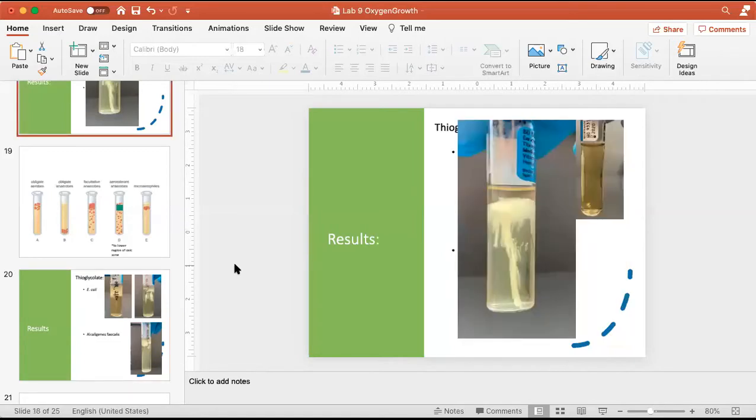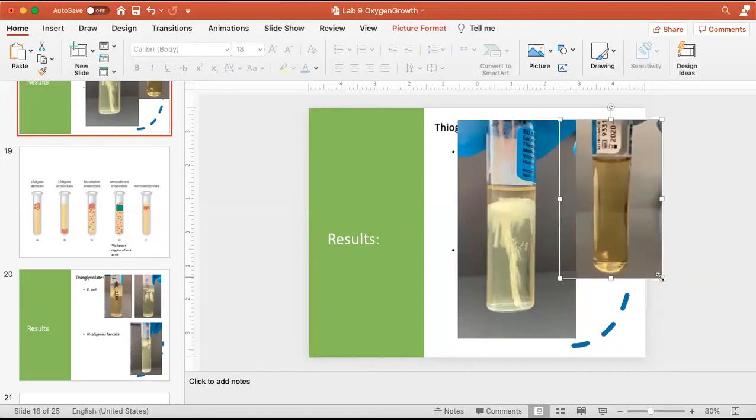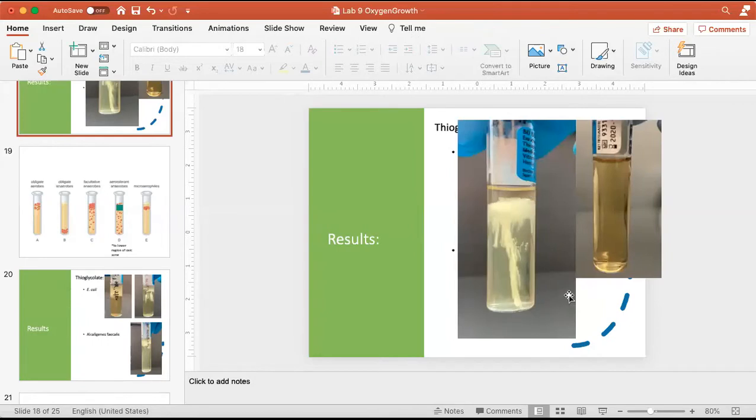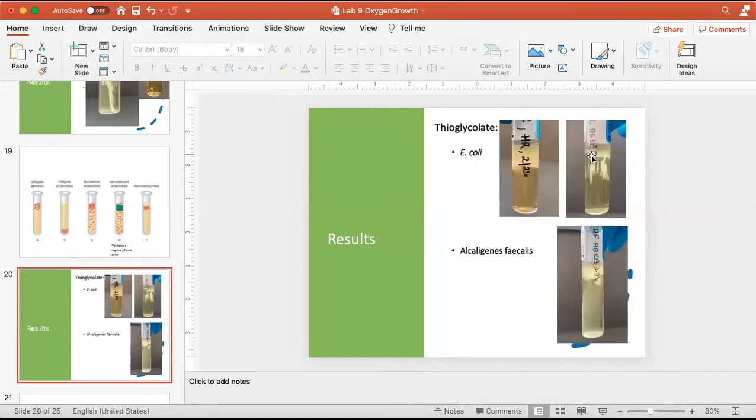Here's Clostridium, Enterococcus, E. coli, Alkalogenes.